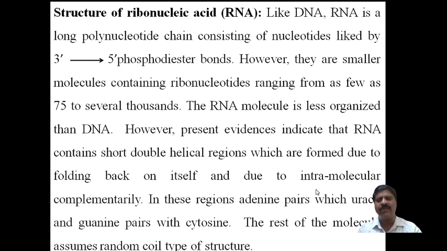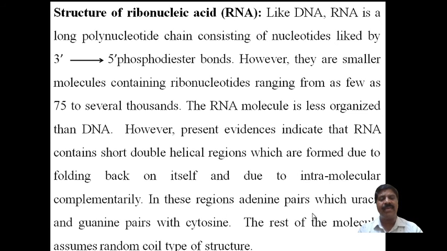Here it is a short-ranging double helical region. One thread is folded: it goes and comes down, a twisting takes place, and the interaction takes place within the same strand. Fold means the edge of the same material comes over, and therefore folding takes place.